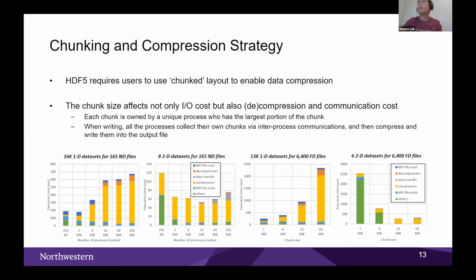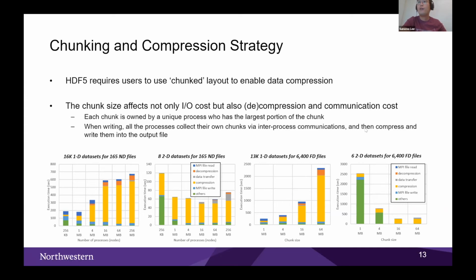On the other hand, if the chunk size is too small, the amount of metadata increases, and the metadata operation time will increase. And also we can expect a shorter compression time. These are the insights we got from these chunk size experiments.